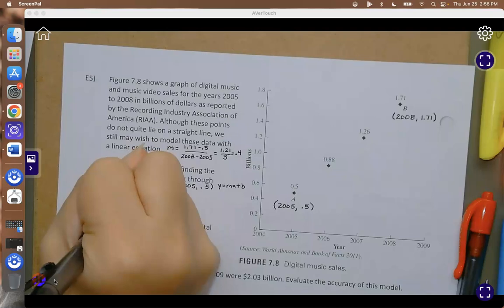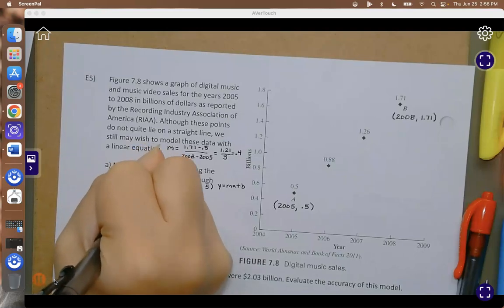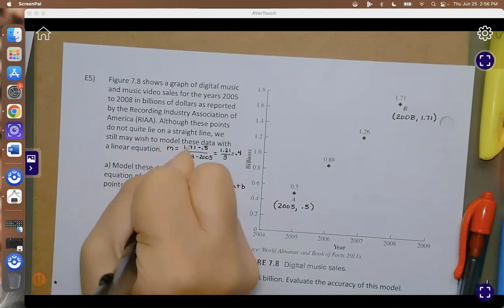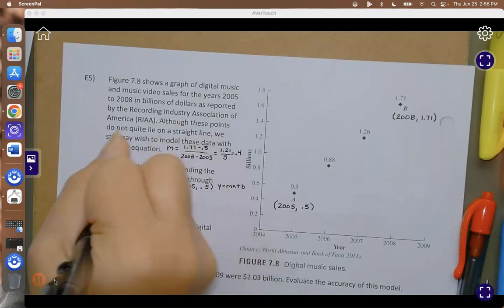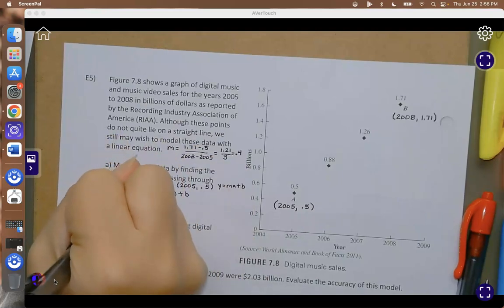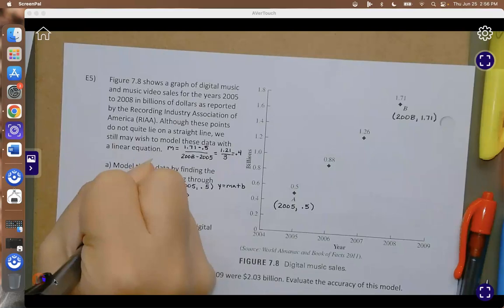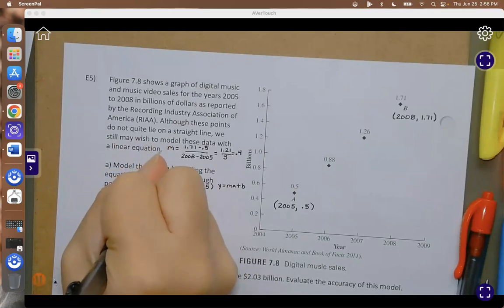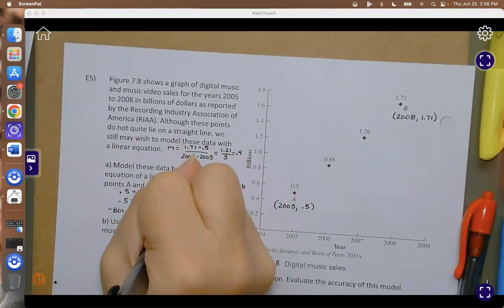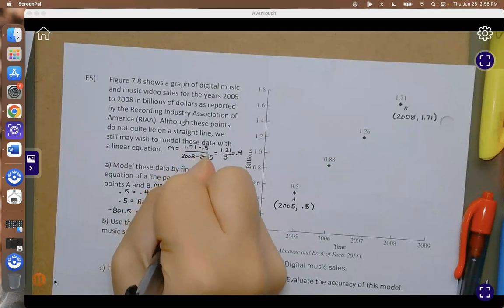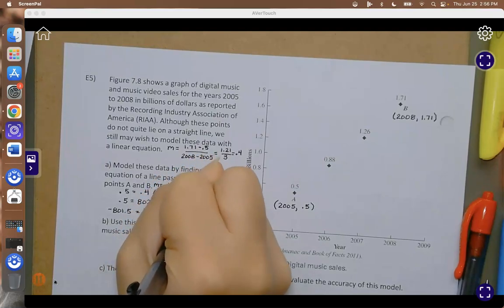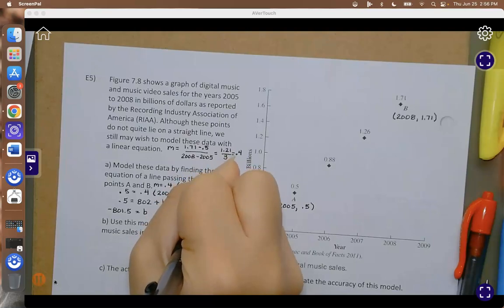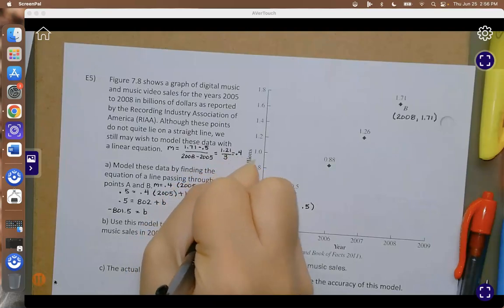So this is 0.5 equals 802 plus b. So this is negative 801.5 equals b. So my equation is y equals 0.4x minus 801.5.